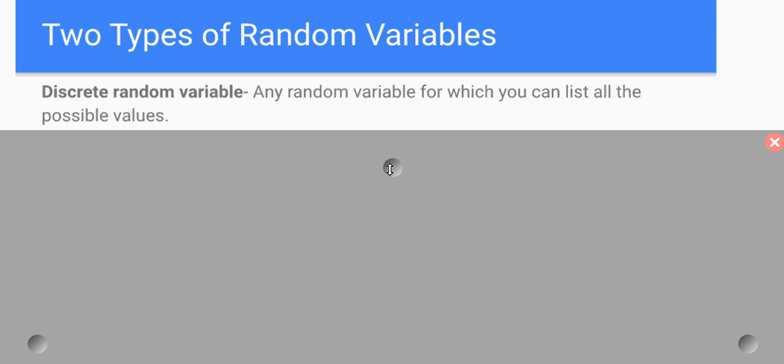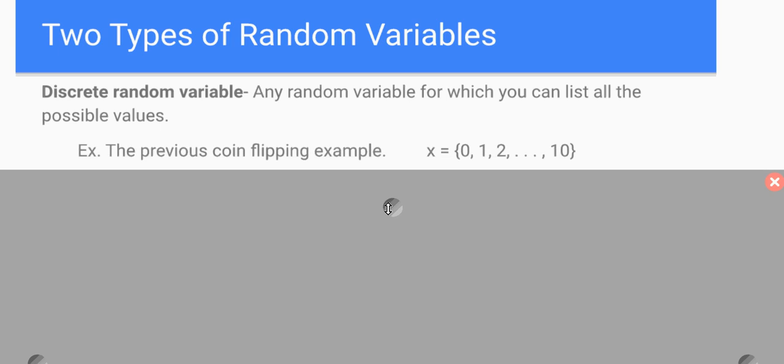Well, that lowercase x is going to equal some whole number between 0 and 10. You're not going to get -7, you're not going to get 8.2, and you're not going to get 15 tails, because you just can't, right? So if you can list them, x is going to equal anything between 0 and 10, whole numbers only.